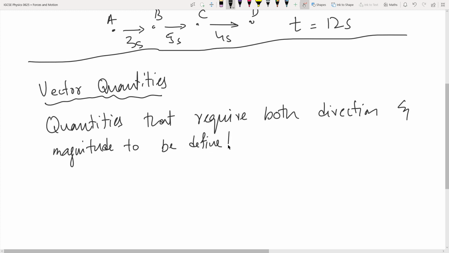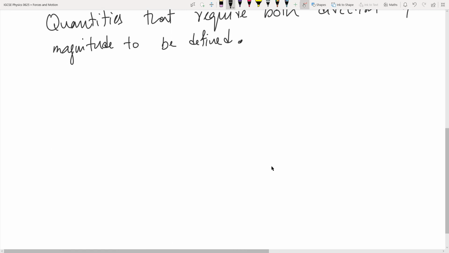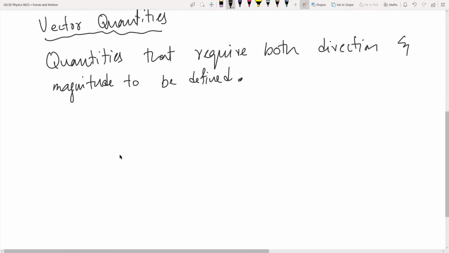That means you have to explain or express the direction as well. Let's just say if I tell you that a person went 15 kilometers to the north, now that's a vector quantity, compared to just saying that the person walked 15 kilometers, right? It could be in any direction. So that directionless one would be just the distance, but when I say 15 kilometers to the north, then it would be displacement, if you remember.